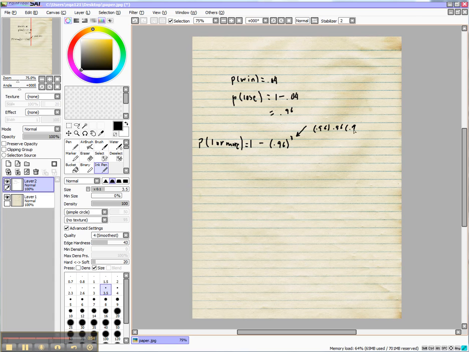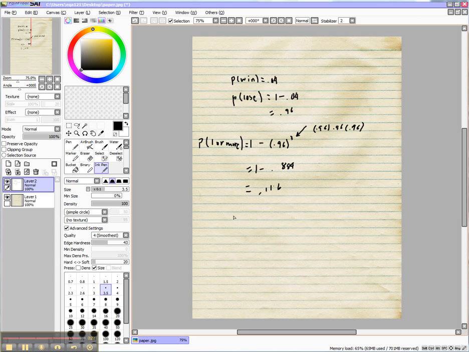Subtracting that from 1 gets us the probability of winning 1 or more. So 1 minus 0.96 to the 3rd power; if you put that in your calculator, 0.96 cubed is 0.884. So 1 minus 0.884 is 0.116.